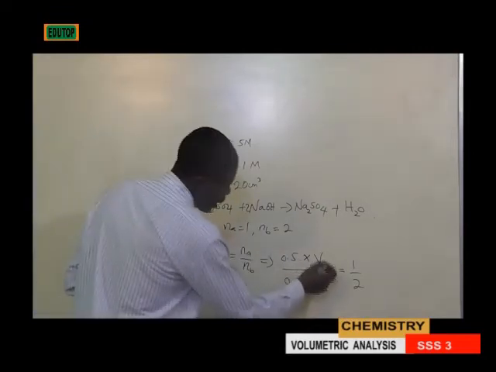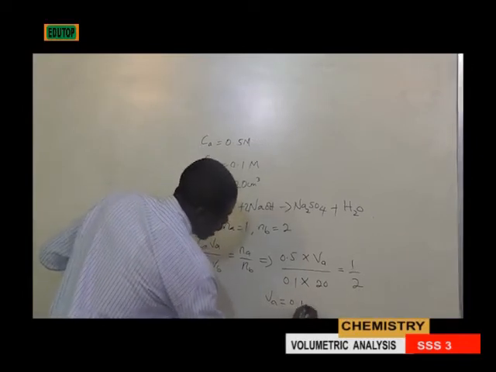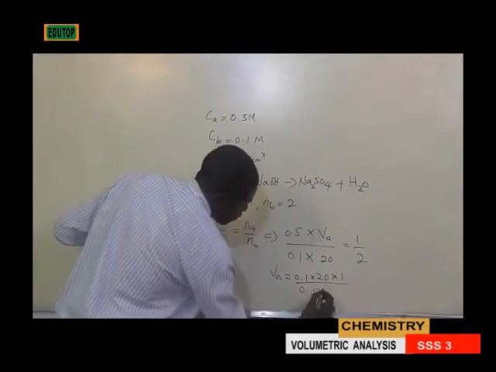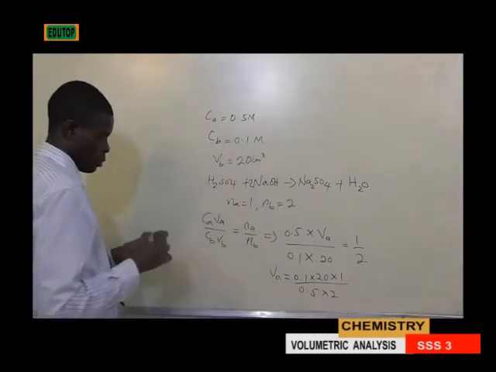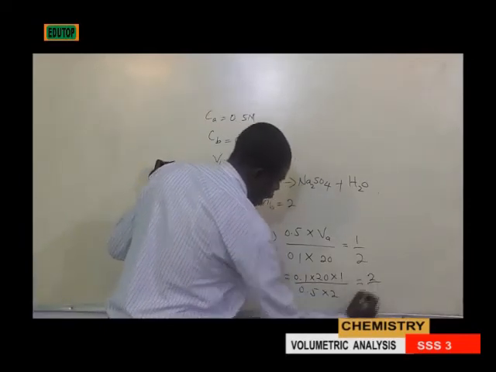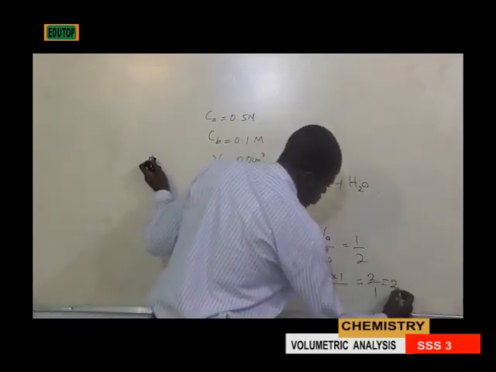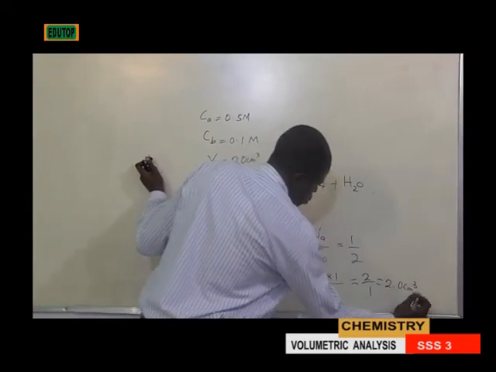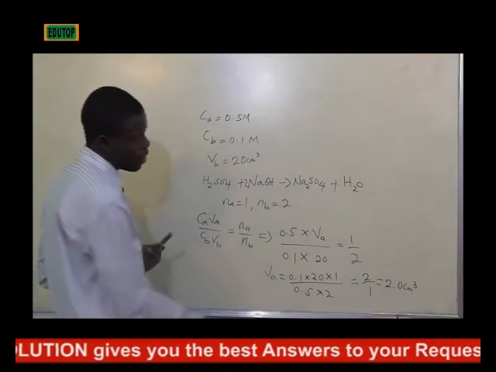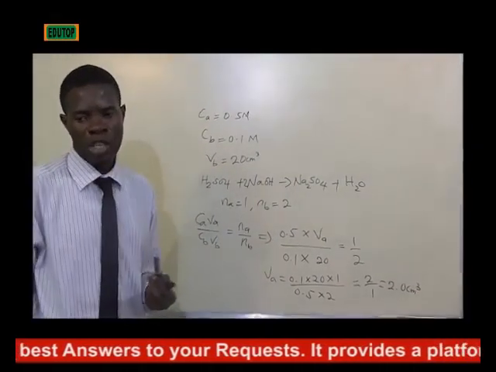If we make Va the subject of the formula, we're going to have Va equals 0.1 times 20 times 1 over 0.5 times 2. When this is done, we're going to have 2 over 1, which is equal to 2.0 cm³. So this is the volume of the acid that is required.